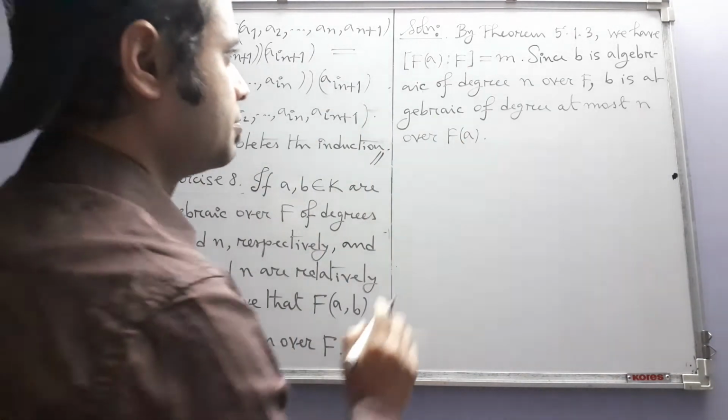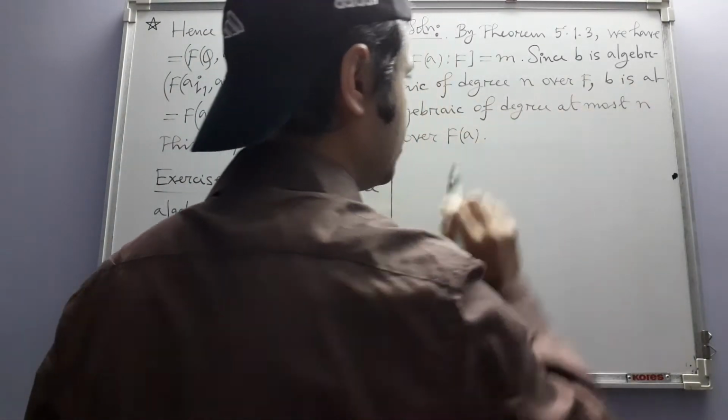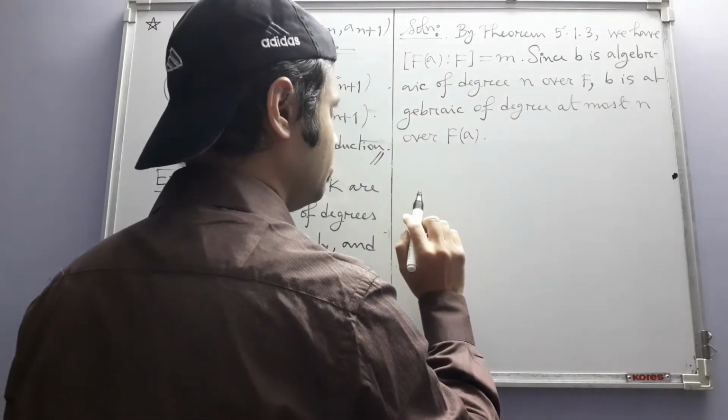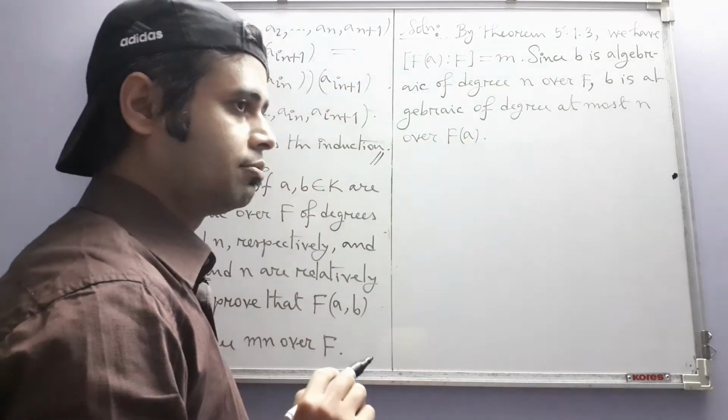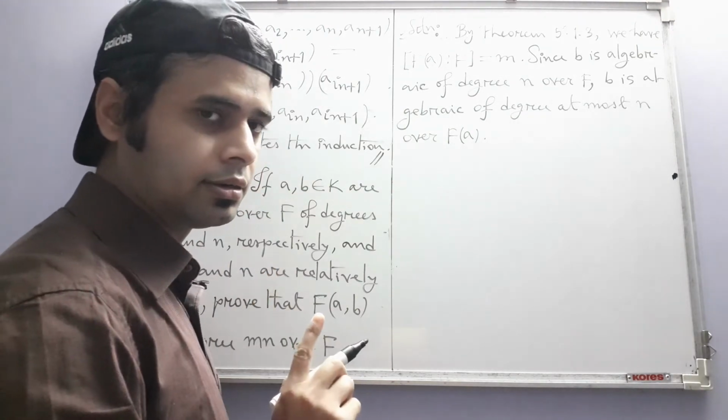See, b is algebraic of degree n over F if the minimal polynomial over F of b has degree n.